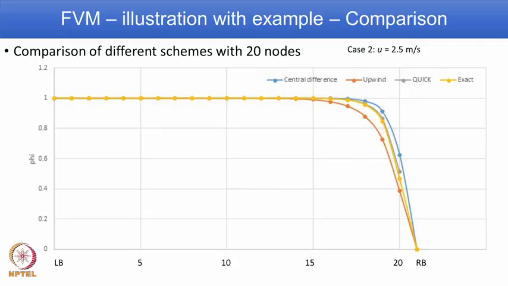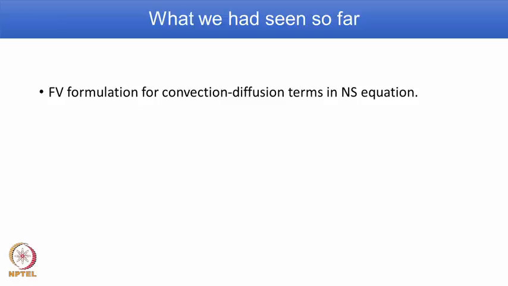And if you increase the mesh size for the same problem from 5 to 20, then all the schemes behave very well, and all are able to match the exact solution. So, in this lecture, over the last few classes, we have seen in detail the finite volume formulation for convection and diffusion terms in the Navier-Stokes equation.